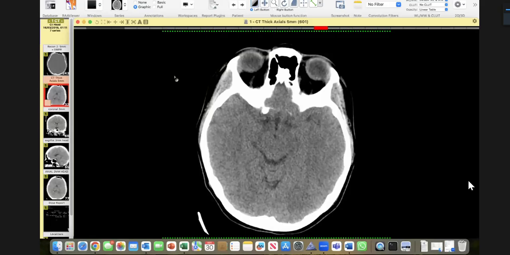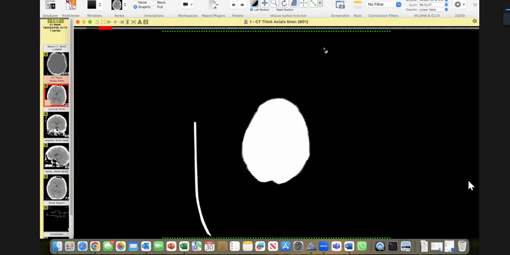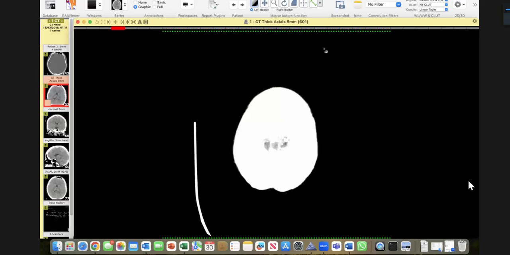This is a male 36-year-old who came with headache. 36-year-old male patient with headache.